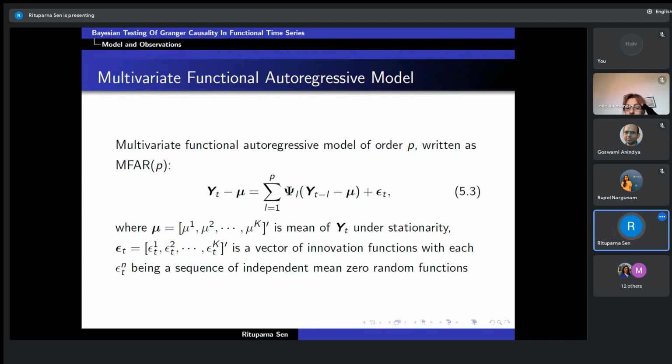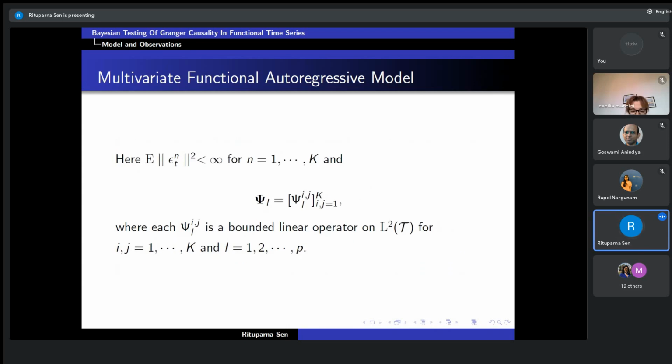Okay, and then like in the model I talked about x and y when I was presenting the Granger causality, you could have multiple of them, and then each of them is an AR process with the mean function mu, and epsilon is the vector of innovation functions, and each epsilon is a sequence of random functions, mean zero. Okay. And there is a fixed covariance matrix.